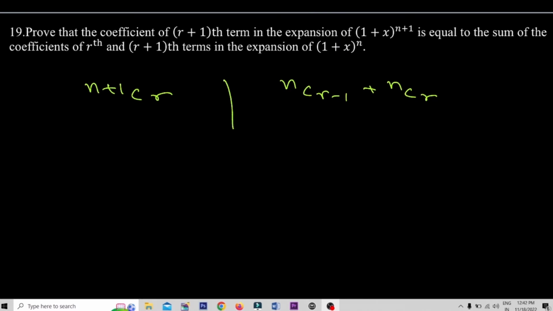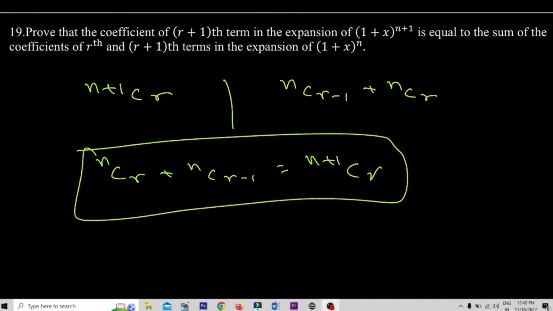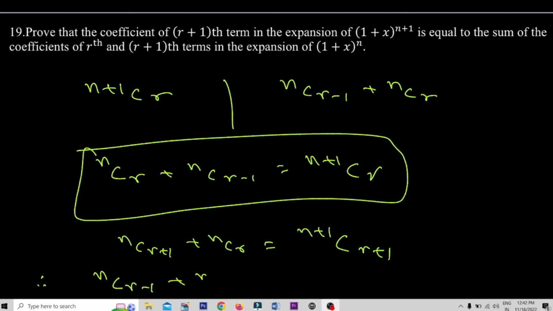It is a very good property, because nCr plus nC(r minus 1) equal to (n plus 1)Cr. This property will be utilized here. It is a fundamental property, because in this case nC(r plus 1) plus nCr equal to (n plus 1)C(r plus 1). That is true. Therefore we can write this as nC(r minus 1) plus nCr equal to (n plus 1)Cr.